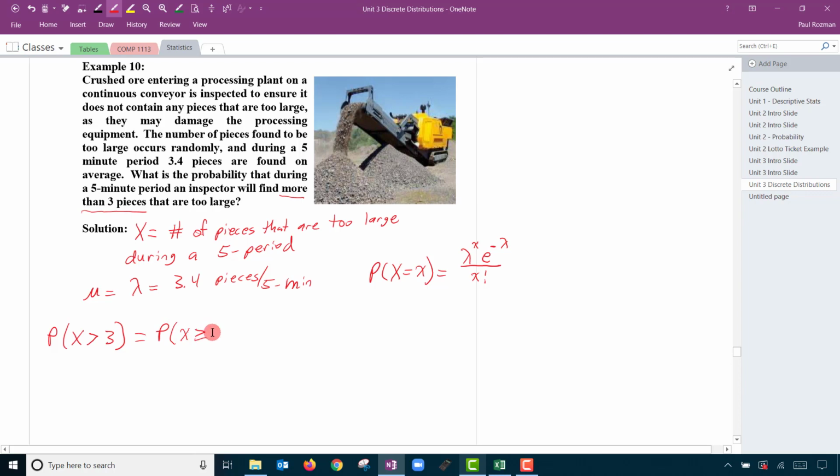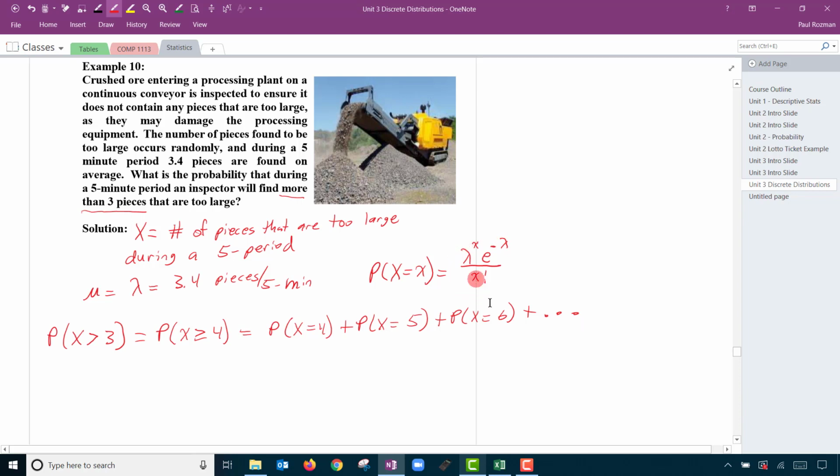That means that it's 4 or more, because it's discrete. So we could calculate x equals 4, then calculate this for x equals 5, and then for x equals 6, and keep going. Basically, we'd have an infinite sum of terms that look like this.